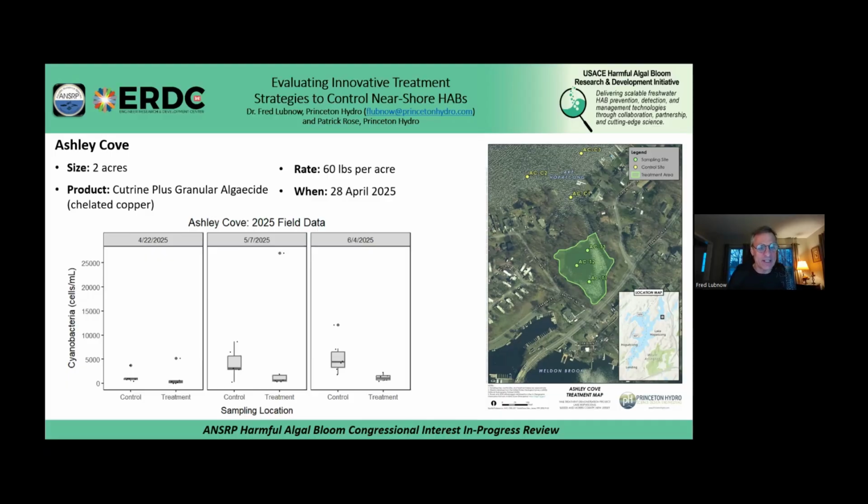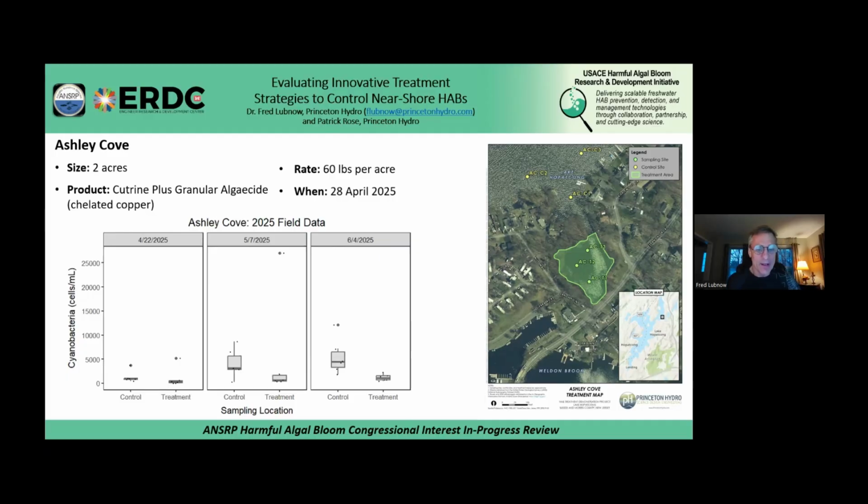If you look at these three graphs here, the one that says April 2022 shows that the control and the treatment cell counts were about the same. These are called box plots, and each box represents the data that falls within 25 to 75% of that population.